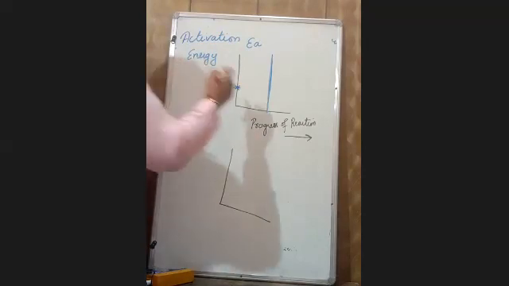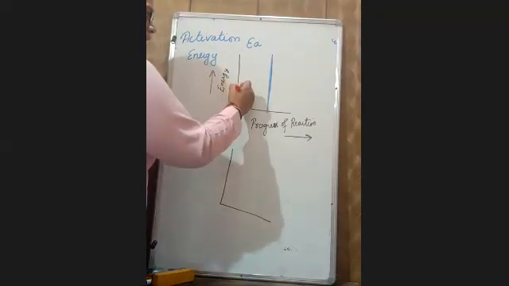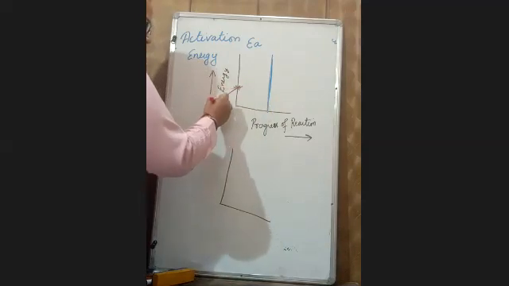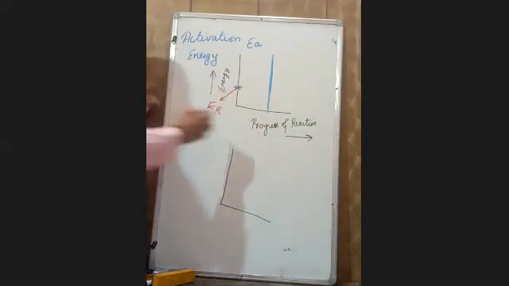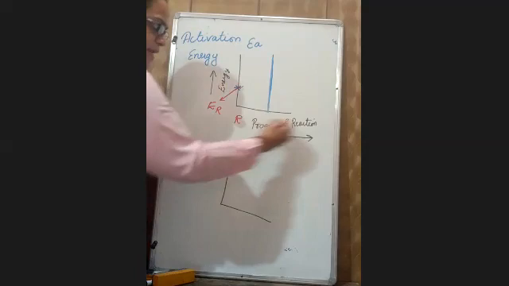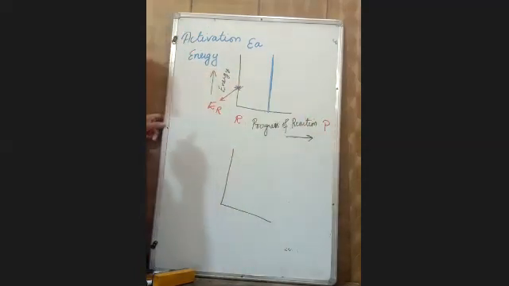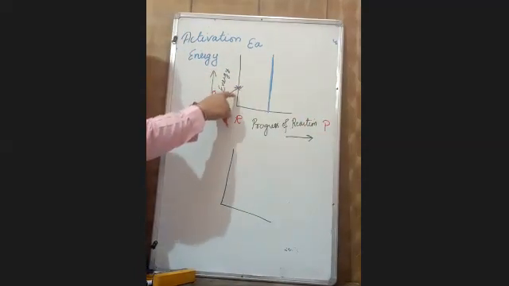So reactants will start increasing their energy. This is the ER. ER means energy of reactant. Here reactant is converted into product. So ER is the energy of reactant.